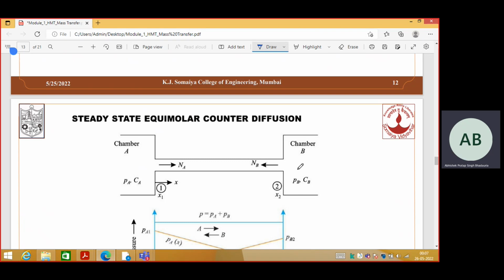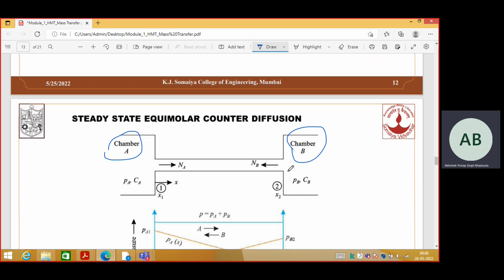In order to understand it in the best possible way, let's consider two large chambers, chamber A and chamber B, connected by a passage. Here you can see the passage, and this is chamber A and chamber B, connected in such a way that each molecule of gas A is replaced by a molecule of gas B, and vice versa.